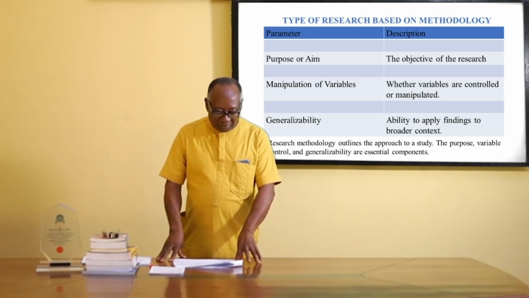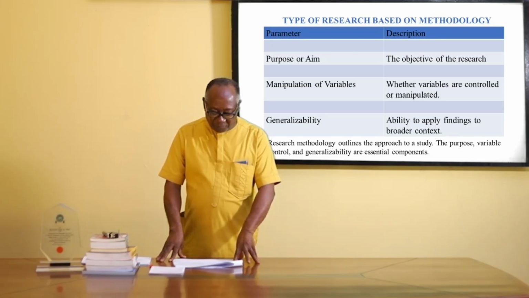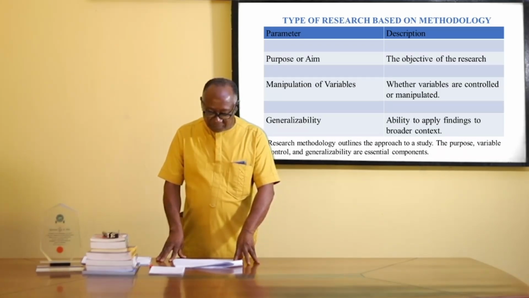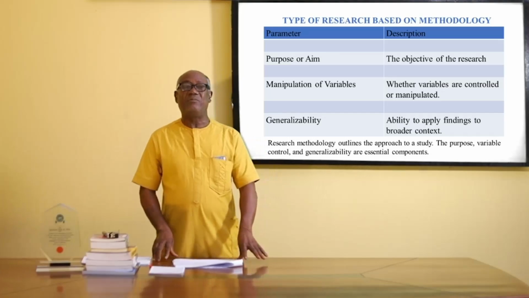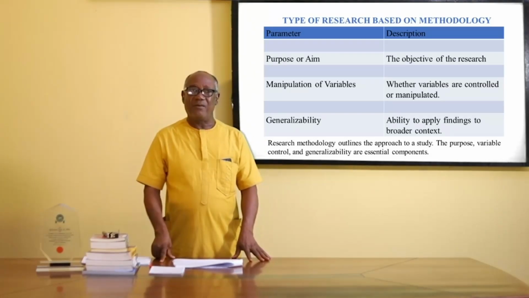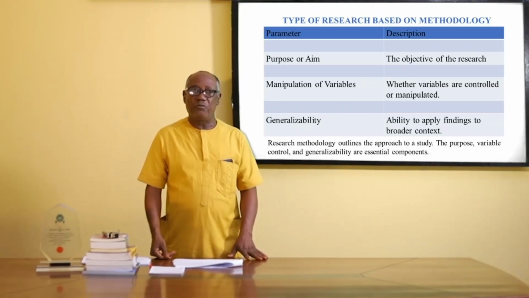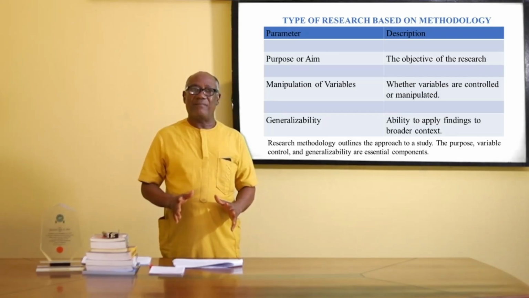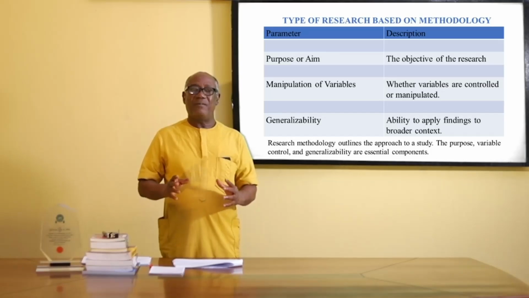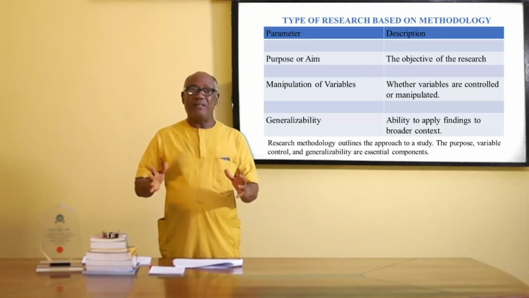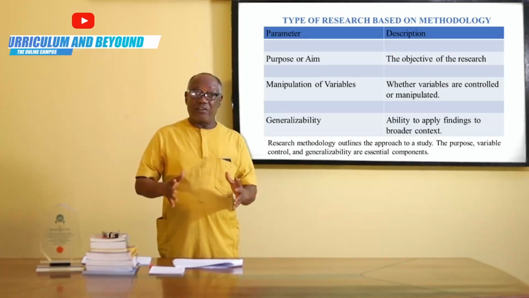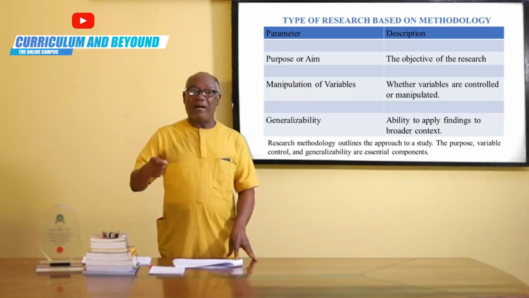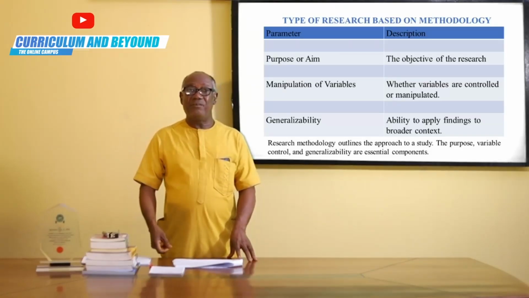Now, what is the purpose or aim of research? This is the objective of the research, what you want to do. For example, in an experimental research, you may want to look at how differential treatment of research subjects can bring about a given change.